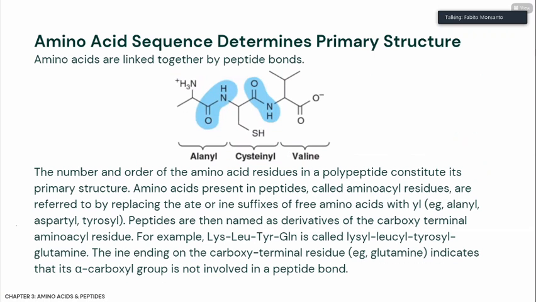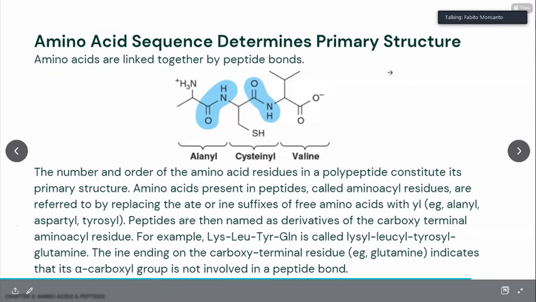Amino acid sequence. Amino acids that are stringed together through peptide linkages is what we call the primary structure of the protein. So if you have just a peptide with amino acids that are being stringed together by peptide linkages, this one we call a primary structure.